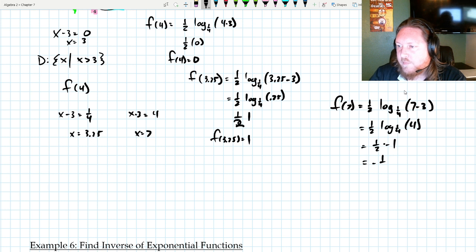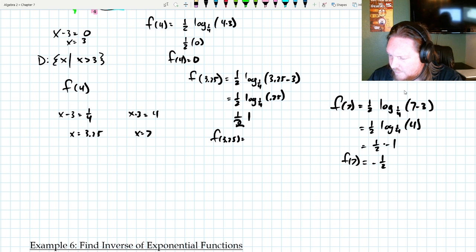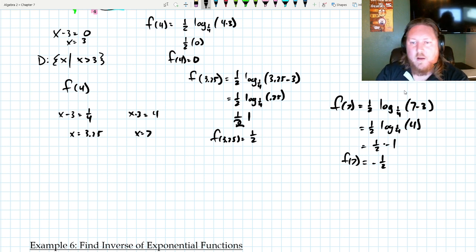And that gives me negative 1 half. So I've got 3 points there. F of 4 is 0. F of 3.25 is 1 half. And f of 7 is negative 1 half.